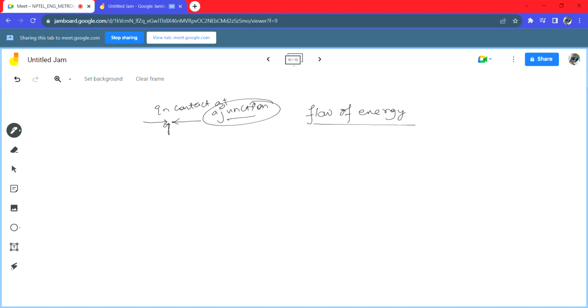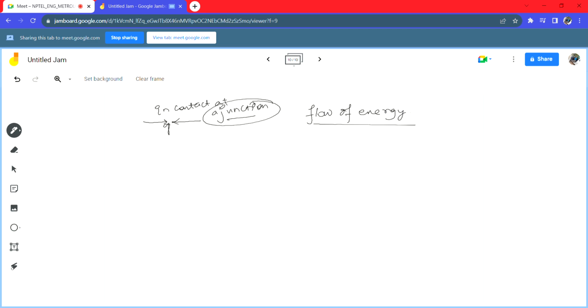Now in this case also we have a point that has a higher temperature, and also we have a point that has a lower temperature, and that hot junction and cold junction we bring together, and we say that this is a junction where we are bringing them together.